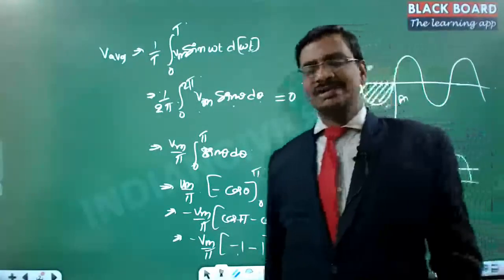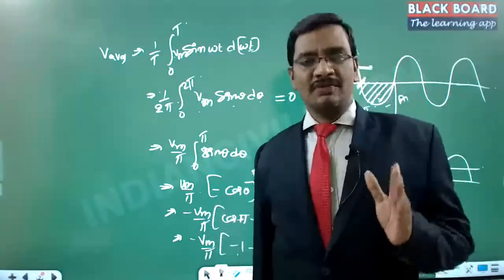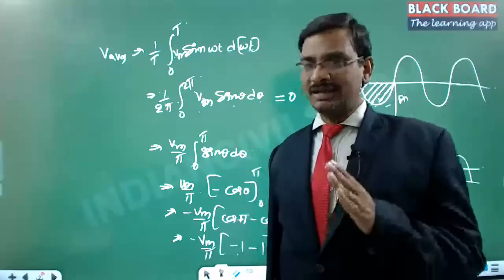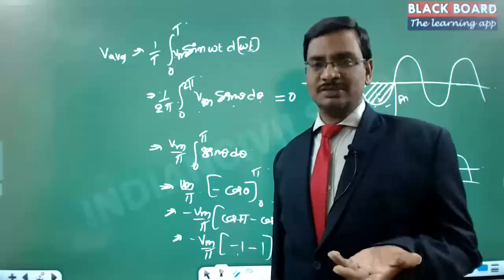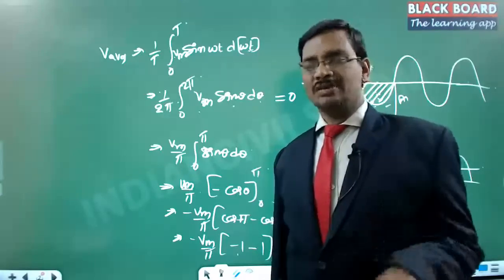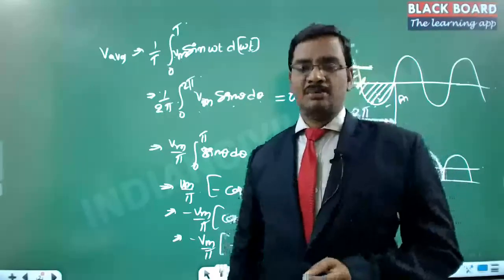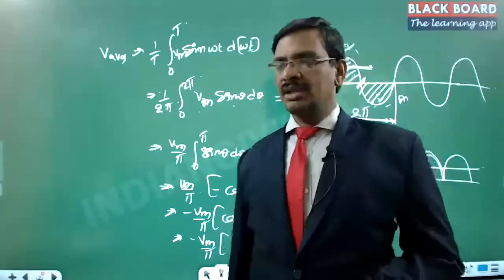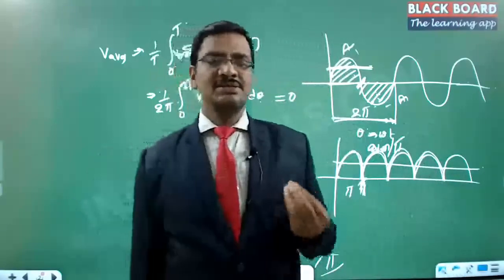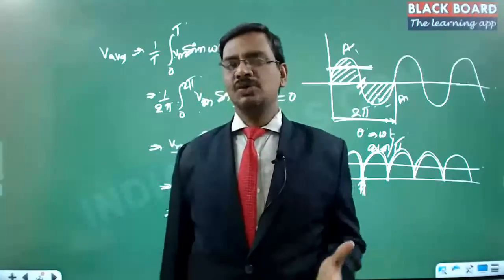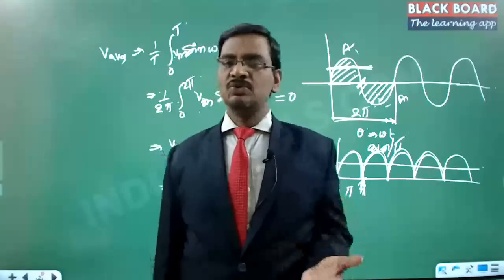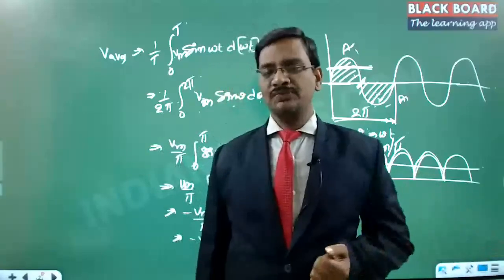And also you need to understand that we never talk about the average value in case of AC directly dealing with power systems. In power systems and machines, all such subjects, we never talk about the average value at all. We always talk about the RMS value. Why? Because the average value concept is essential only for electronics people, because you will be dealing with the DC. The rectifier is going to be used to supply some kind of circuit, right?